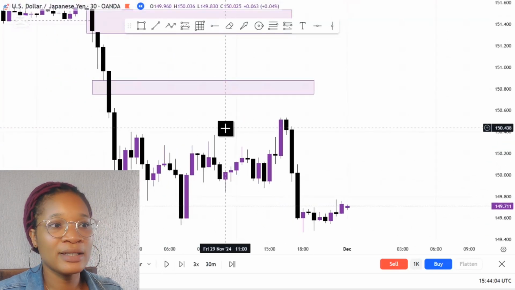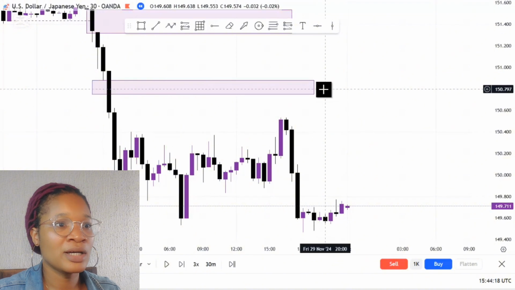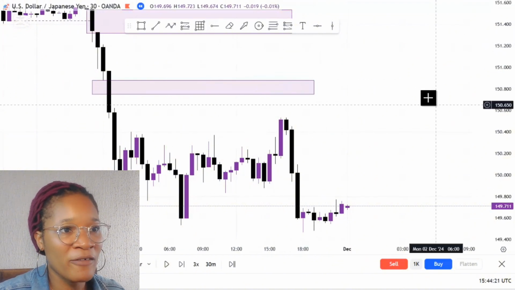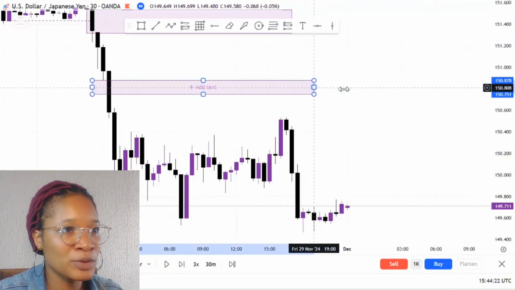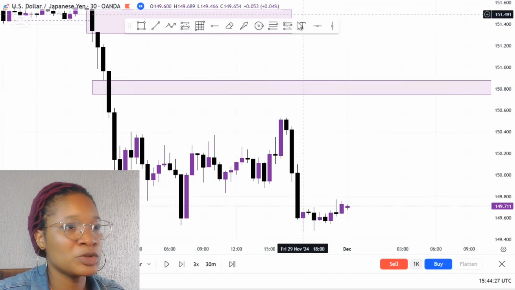Now again, what I said earlier about inducements and liquidity, this is how the market movers or the market makers trap retail traders and force you to take your trades in places where you ordinarily wouldn't take your trades. Okay, so this is where we're focusing on, right? This is where our point of interest should be. Let me extend that and drag it down into the future.